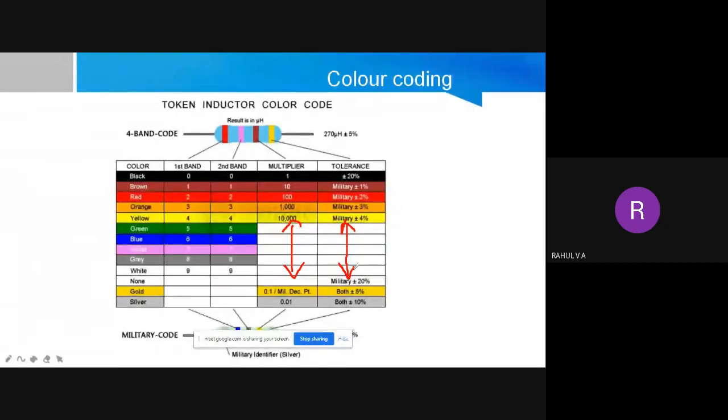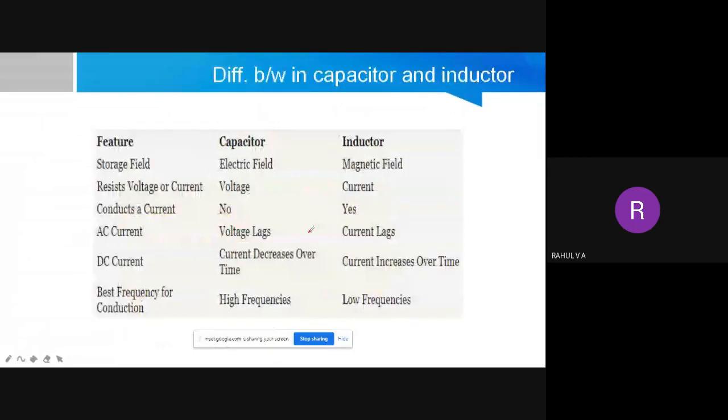And if it is asked, you can easily write it because it is somewhat similar to resistor color coding. The first band is value, the second band also value, the third is multiplier, and the fourth is tolerance. And just note that there is no multiplier value after yellow color.